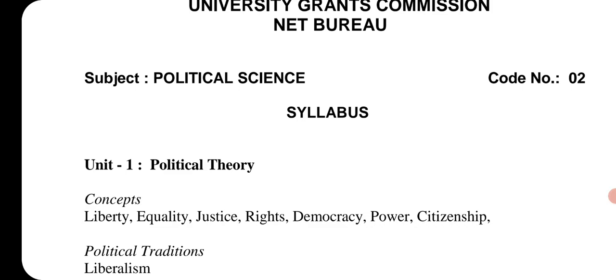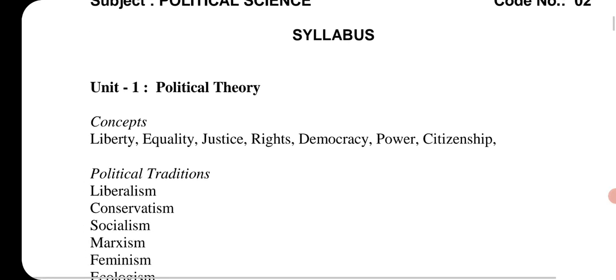Friends, observe one thing: when you look at these concepts they look very easy, but when we go into depth, these topics are very difficult. So okay, learn according to these topics.